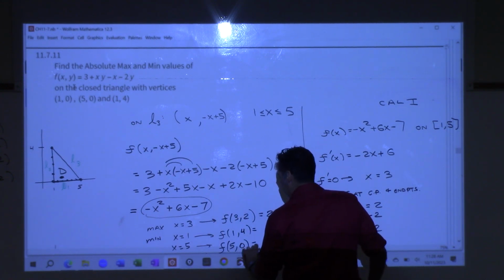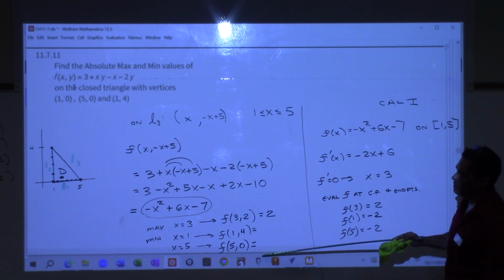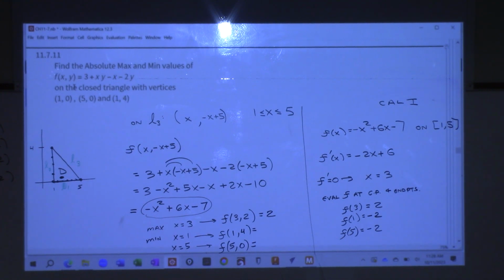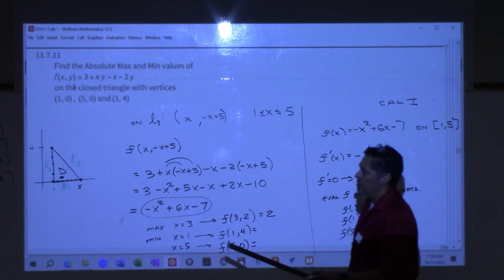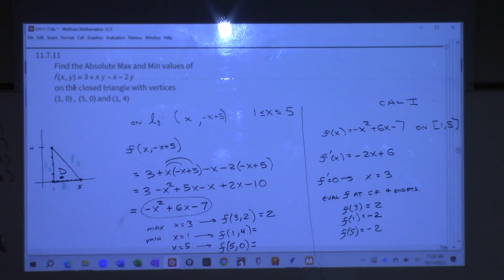And do you recognize those two? Those are 2 endpoints. We've already evaluated the function there, haven't we? Yeah, so that's it. These are the only critical points right here.